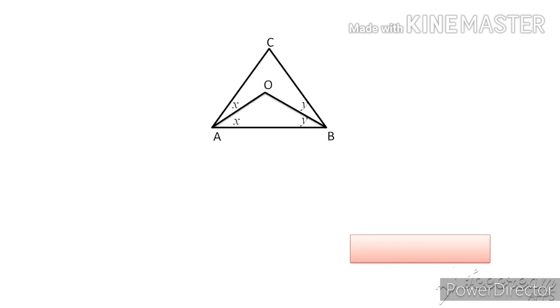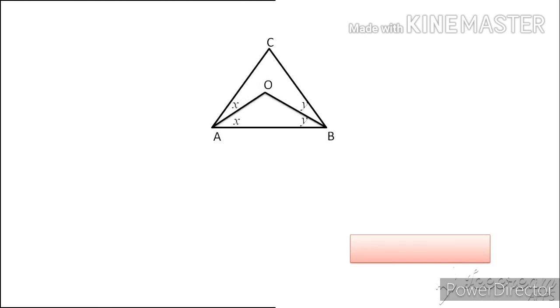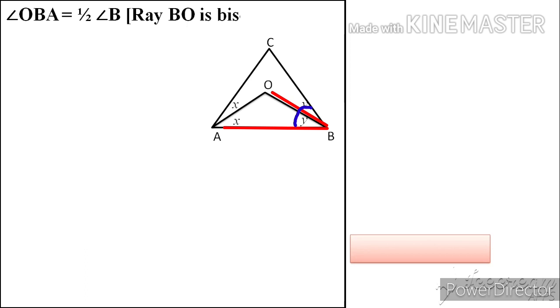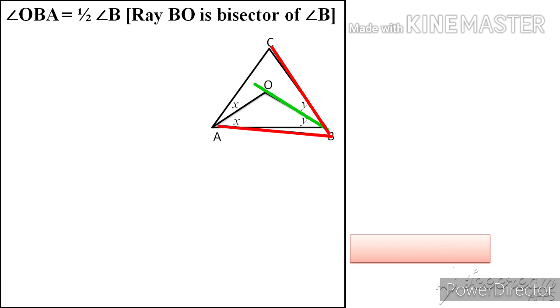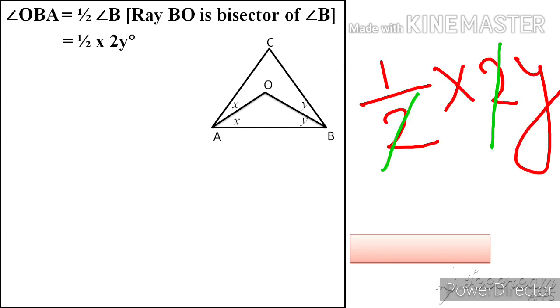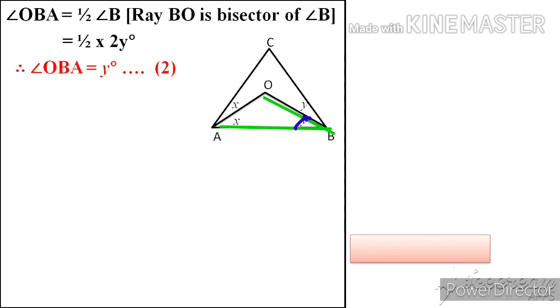Same way we will do angle OBA equal to half of angle B. Ray BO is bisector of angle B. Substitute the value of angle B is given 2y degree. Cancel 2. We will get angle OBA equal to y degree. That is the equation number 2.